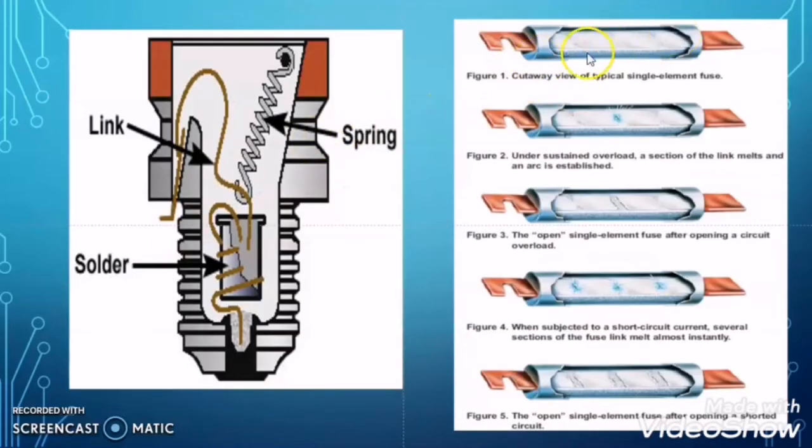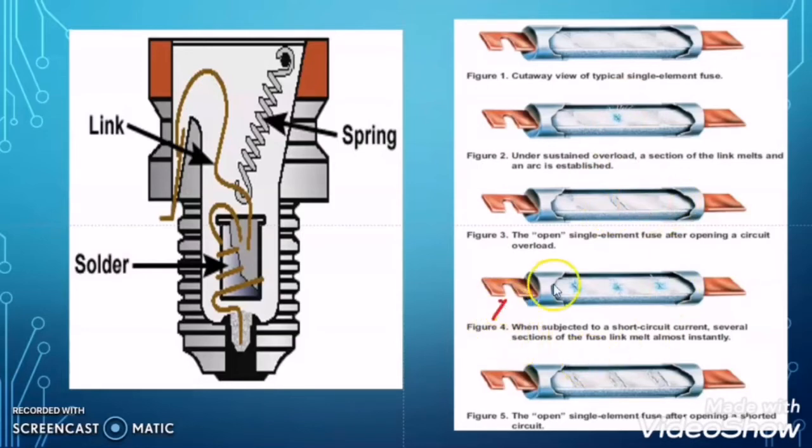Here you can see that this fuse is a non-time delay fuse and this fuse is a time delay fuse. The purpose is the same. During overload, the filament will melt and it will break the circuit. But here in the non-time delay fuse, due to overcurrent the link will break, and after breaking, this will disconnect the circuit.